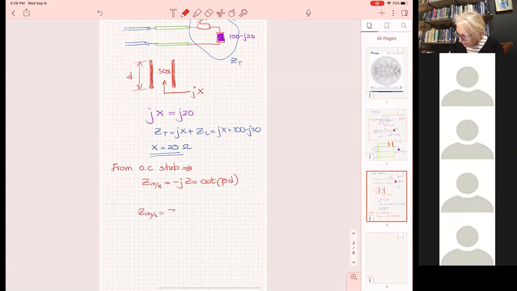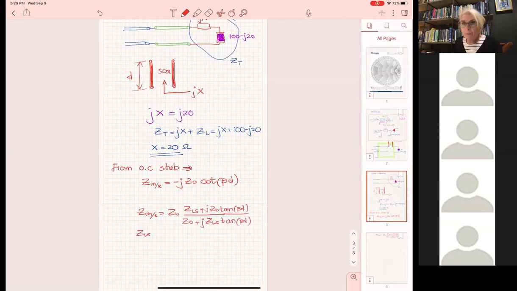Z in is going to be Z naught, that's for the stub, the load of the stub plus J Z naught tangent of beta D, divided by Z naught plus J ZL, the load of the stub, tangent of beta D. How much is Z sub LS? What is the load of the stub if it's open circuited? Infinite, okay?